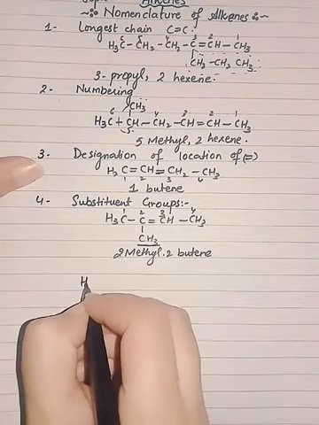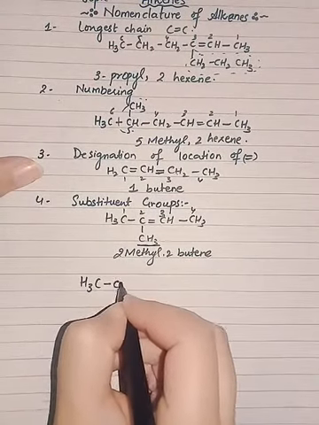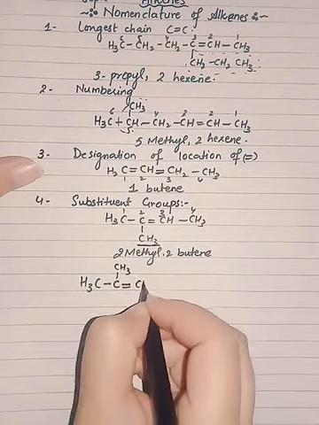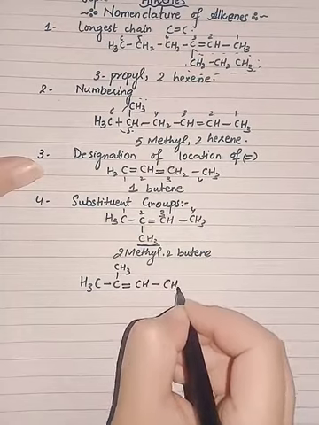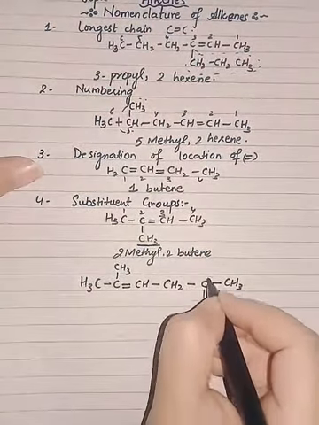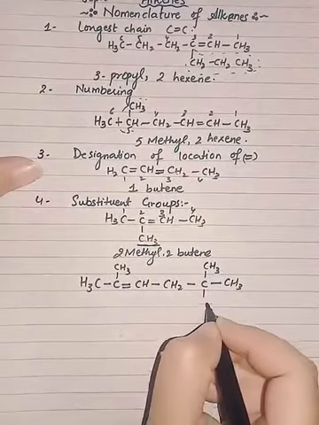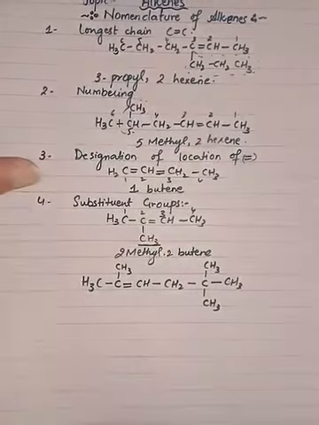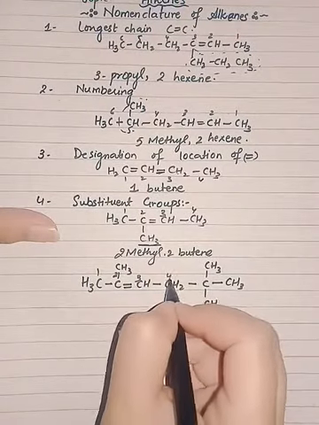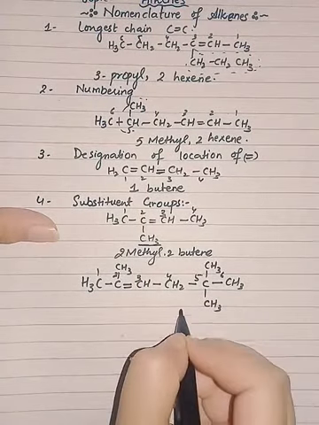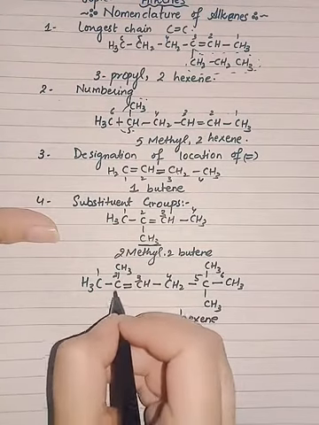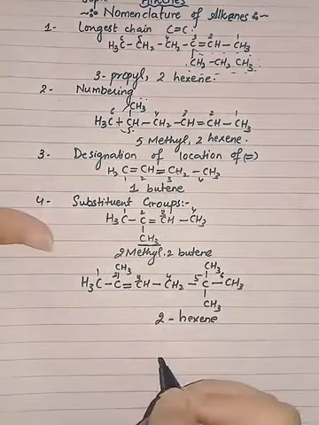I have an example here. Now first of all, you will locate the longest chain. It will be a hexene, and since the double bond is starting at carbon number 2, it will be 2-hexene.